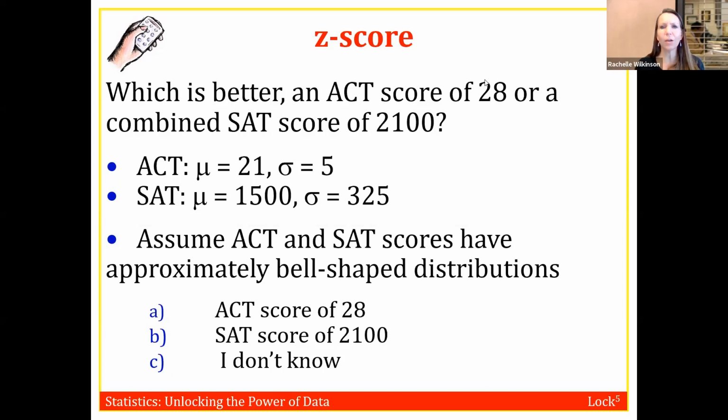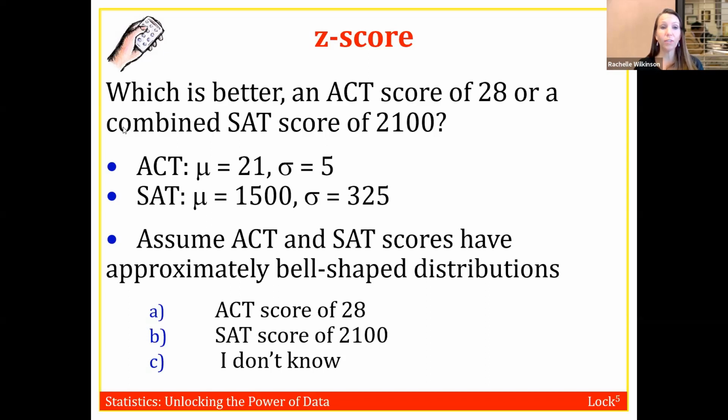But just looking at those numbers, you really can't tell which one you did better on. One way we can put both on the same scale so we can compare them is finding the Z-score. We would find the Z-score for the ACT, and separately for the SAT, and then compare them to see which one is furthest above the mean.